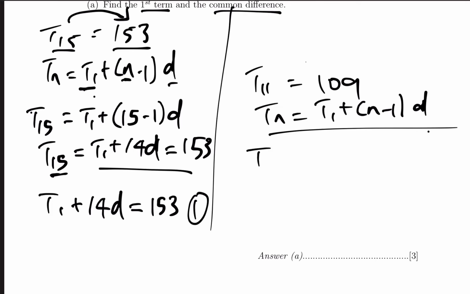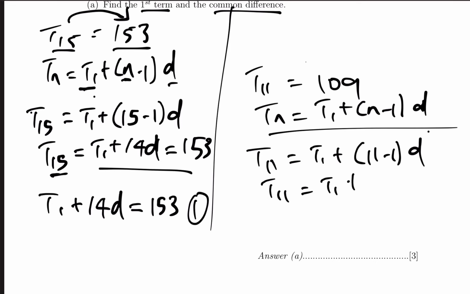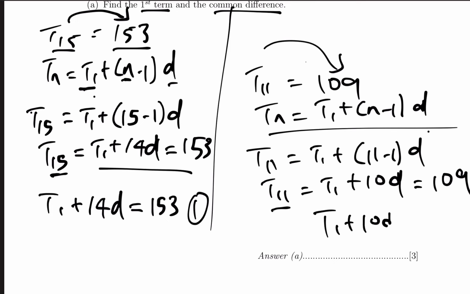So I will say T11 is equal to T1 plus 11 minus 1 d. Then T11 is equal to T1 plus 11 minus 1, that's 10d. And recall that we are saying T11 is equal to 109. So now we've established our second equation, T1 plus 10d is equal to 109.